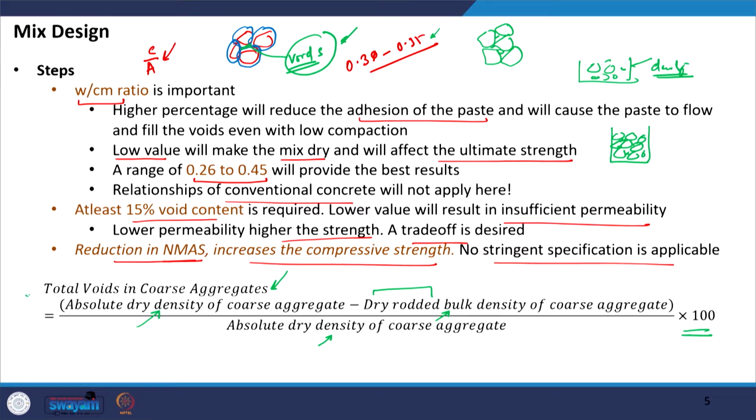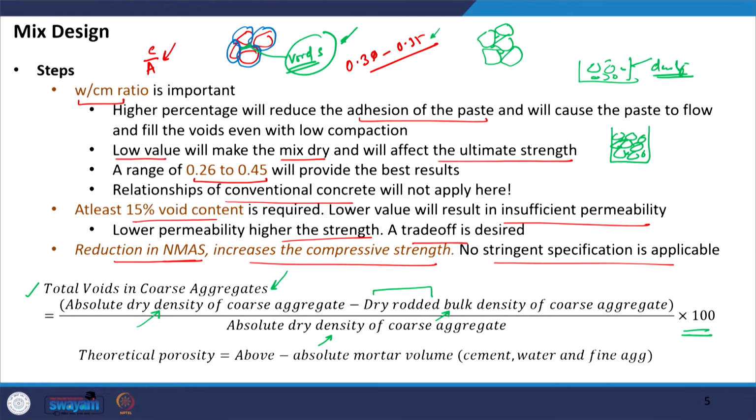Though this formula is available in the specification which mentions about the voids in coarse aggregate, we are not very strictly using this formula in the mix design process, which we will be discussing. However, if we know the total amount of voids in the coarse aggregate, then I want to find out this void, you see, which I was talking about after the cement paste has covered the aggregate particles.